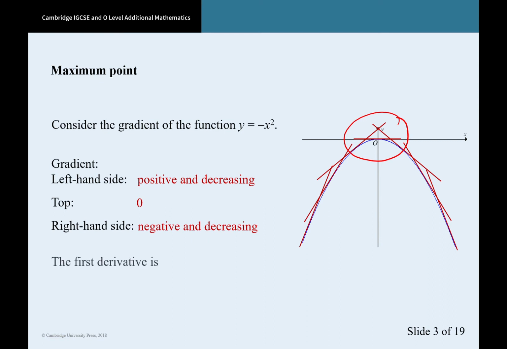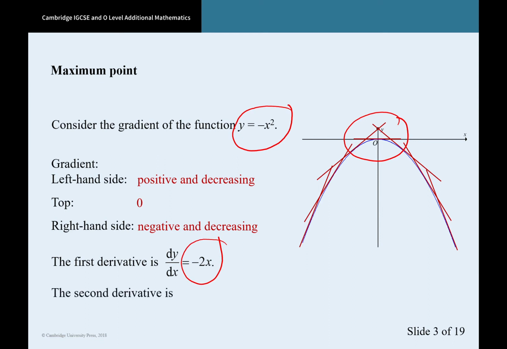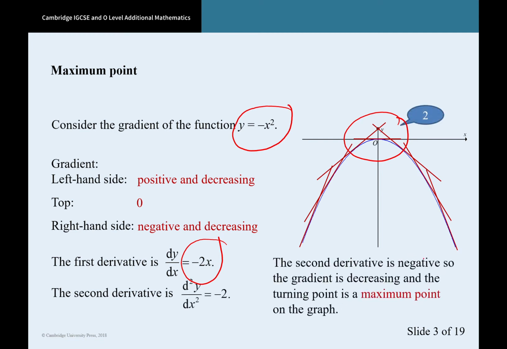So the first derivative, we differentiate this one, we got negative 2x. Second derivative you will get negative 2. Since the second derivative is negative, the gradient is decreasing and the turning point is a maximum point.